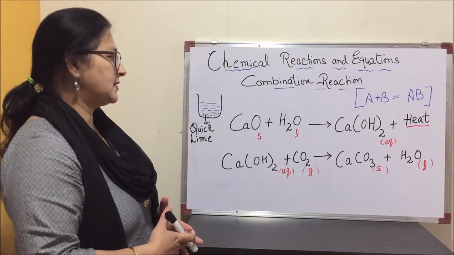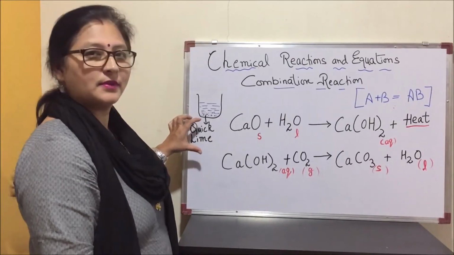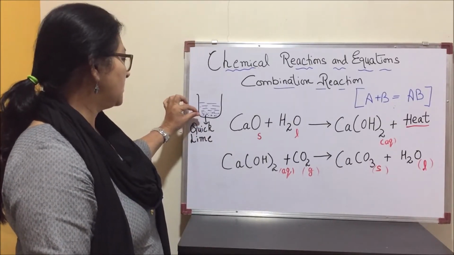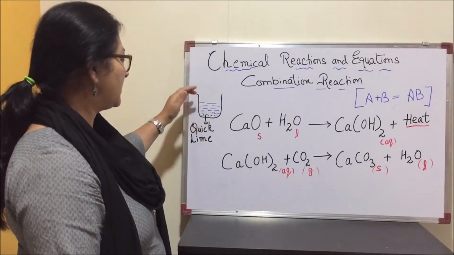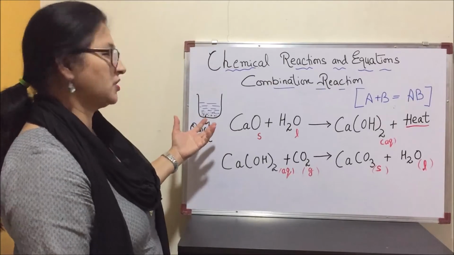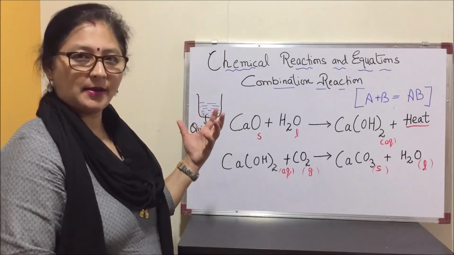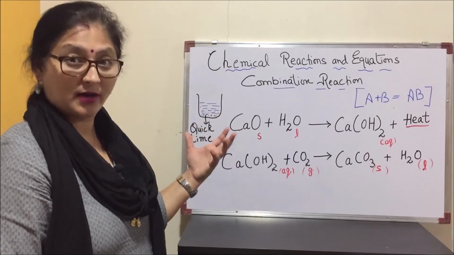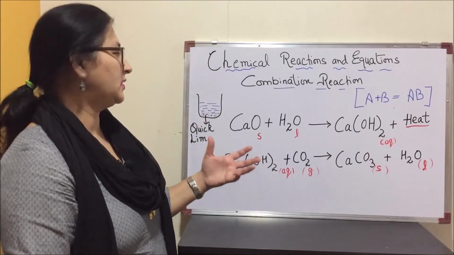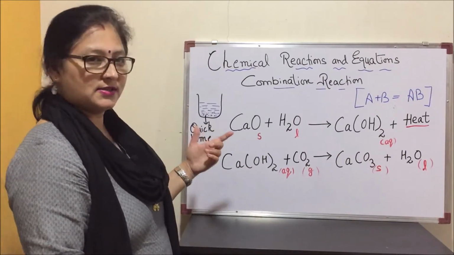Okay, so there is an activity in the book where quicklime is added to water, and this is a very vigorous reaction. In this reaction heat is liberated, which is one of the characteristics of a chemical reaction.